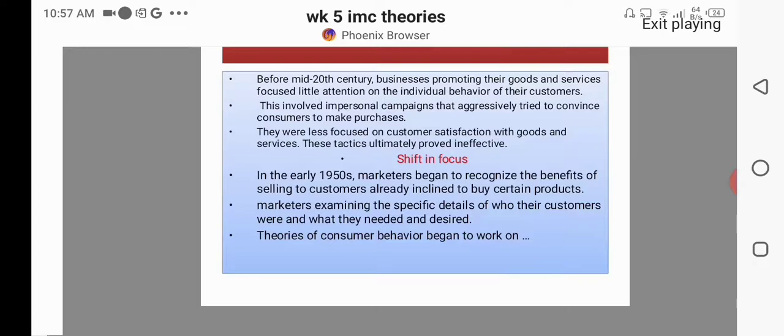They also focused on the knowledge of the consumer, so that they can relate the products to the expected response.